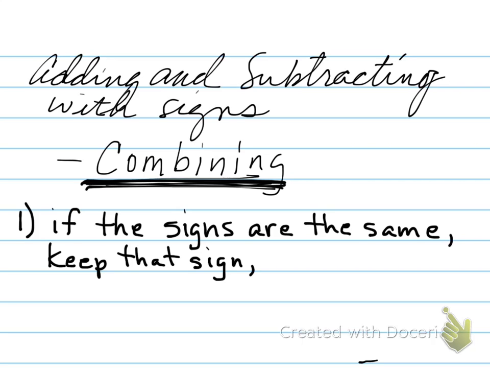So if they're both positive, then your answer is going to be a positive. If they're both negative, then your answer will be a negative. So see how that's different from multiplying? So you've got to be really careful about what operation you're using and use the right rule for it. You'll keep that sign and you'll add the numbers. So even if they're negatives, you're still going to add them. So see what I mean by sometimes it'll look like it's subtraction, it's minus, and you actually end up adding.